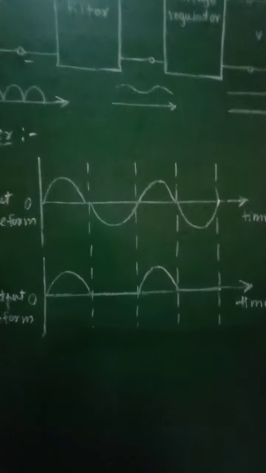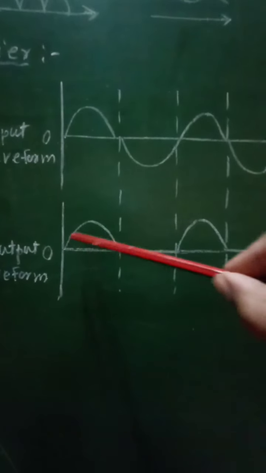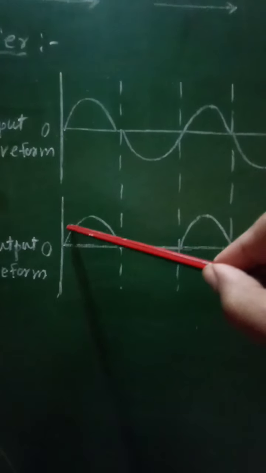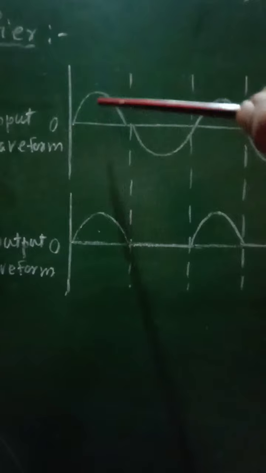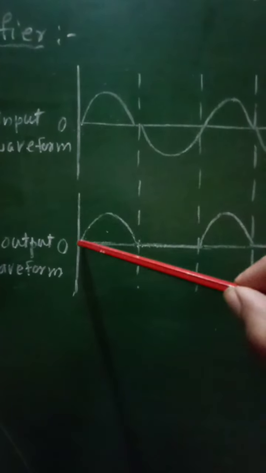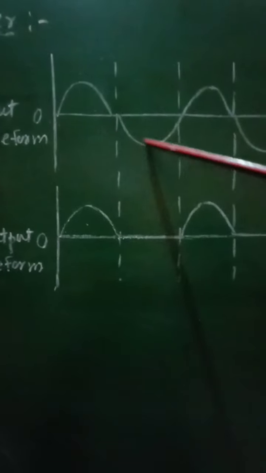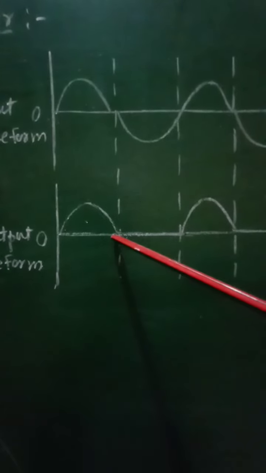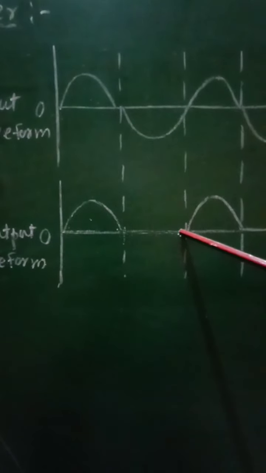Now when the output is obtained, we know that during the positive half cycle only the diode is forward biased and hence it will conduct current and give potential across the load resistance RL, and therefore during this positive half cycle we will get the output voltage. For this negative half cycle, the diode will be reverse biased and therefore it will block that current and hence no output will be obtained across the load resistance RL.